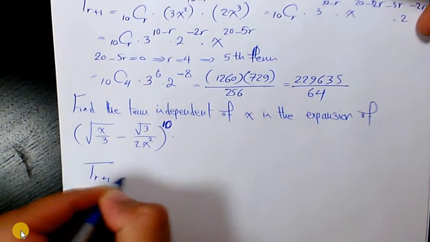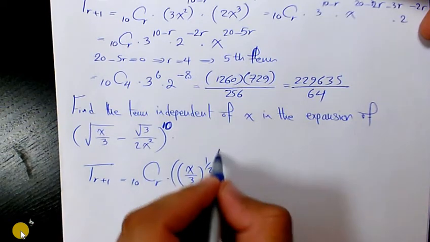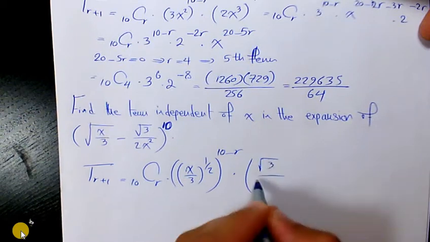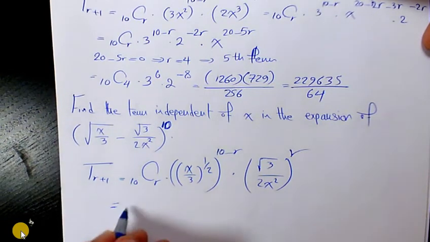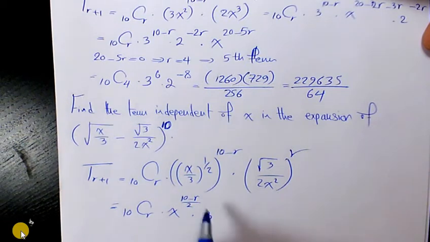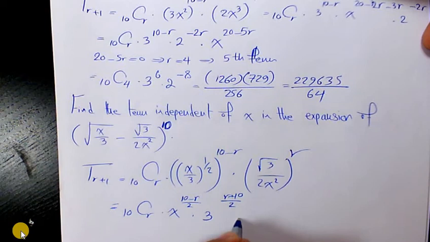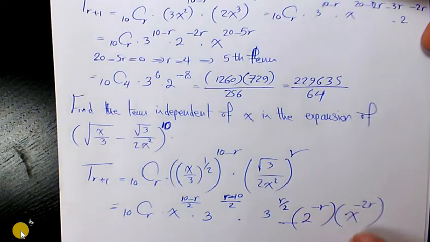So again, T(r+1), 10Cr (x/3)^(1/2) to the power of 10 minus r times (√3/(2x²)) to the power of r, which is going to be 10Cr x to the power of (10 minus r) divided by 2, 3 to the power of (r minus 10) divided by 2, times 3 to the power of r over 2, times 2 to the power of negative r, x to the power of negative 2r.